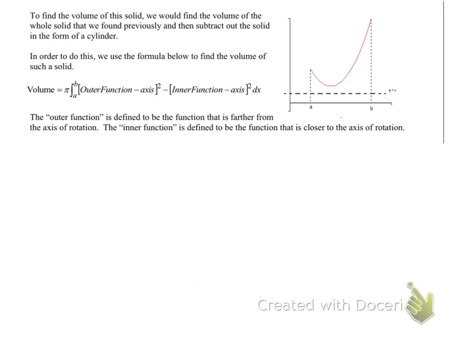So this next section here is what we call the washer method. It's where we have two functions, and we are finding the volume of the solid rotated about some axis.